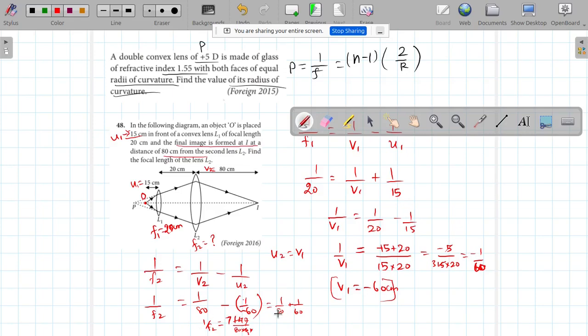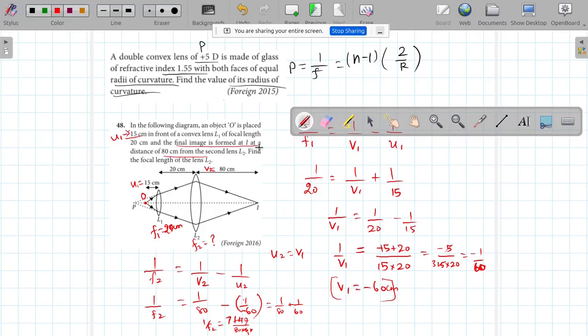I think there is a mistake. There was a little bit of confusion. Actually, the answer they have given is 40. We'll check it once again.